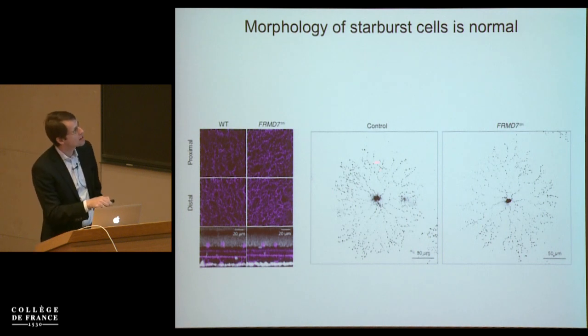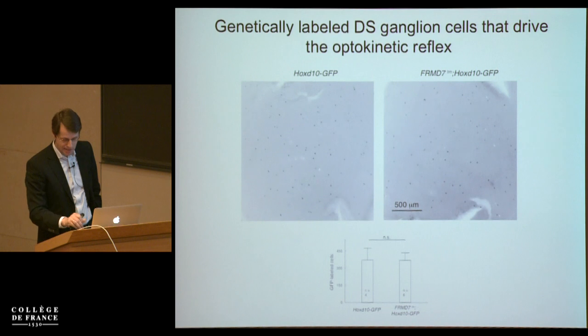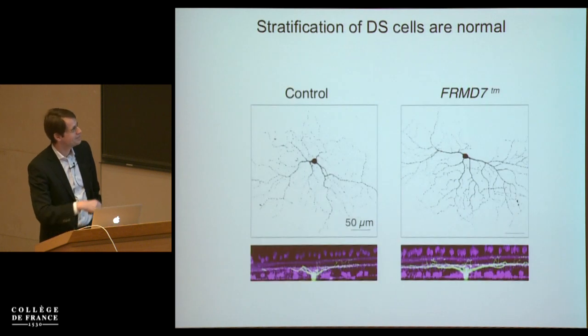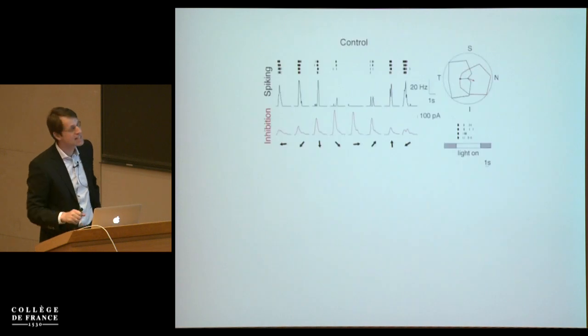So here the starburst cells are normal in mutant and control. The direction selective cells in the horizontal domain are just as normal, the same number in the mutant as in the control. The morphologies of the direction selective cells are normal. And this is what is not normal.